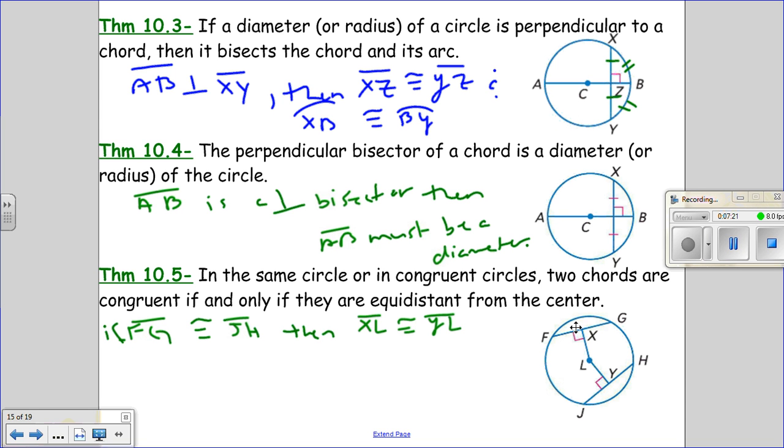So if I'm going to say that this chord is congruent with this chord, then this distance from the center should be the same as this distance from the center.